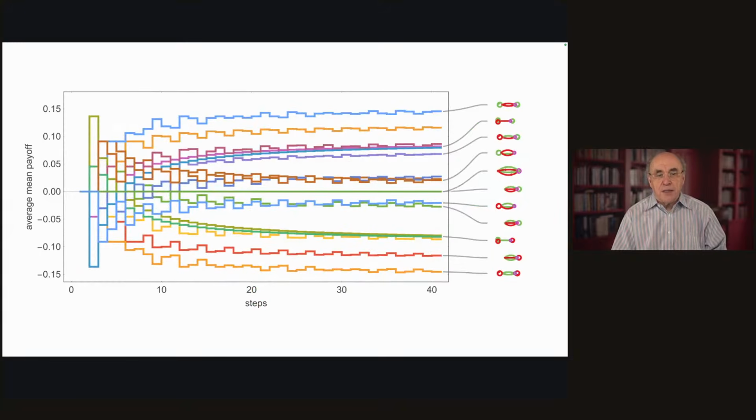So that's as a function of the number of steps for each of the different machines shown on the right. This is showing how the average mean payoff changes with the number of steps one's doing the average over. So it's notable, at least for the first few steps, the rankings move around.